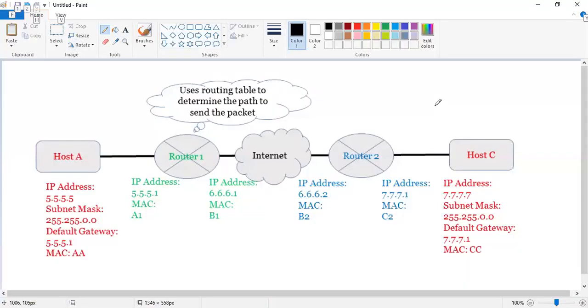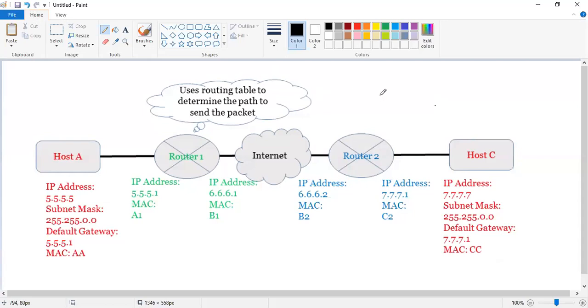But to tell you frankly, the routers on the internet are communicating all the time, because you are not the only person. There are so many people trying to reach Google. So they will keep track of the MAC addresses of their adjacent routers.